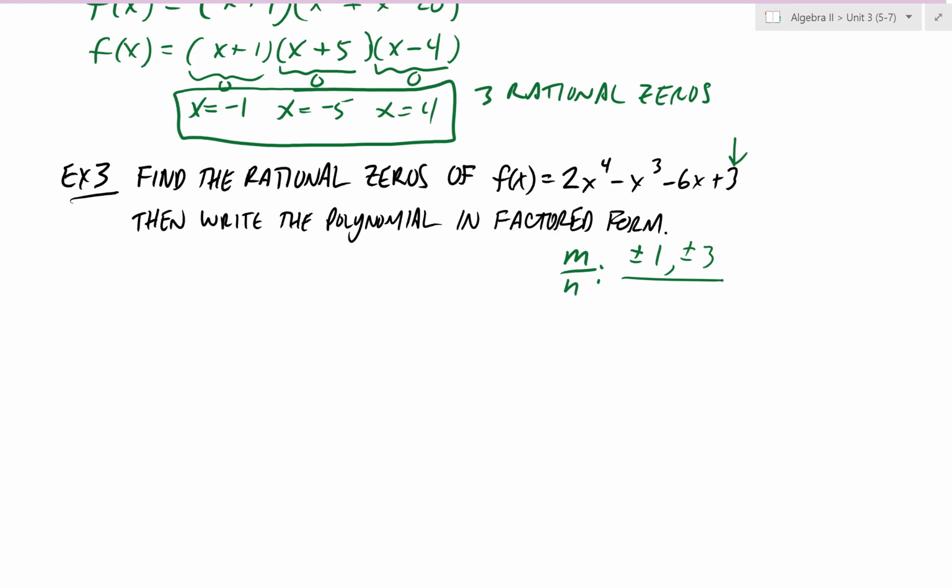And then for the bottom, the factors of 2, plus and minus 1, plus and minus 2. So our list of possible rational zeros is just going to include plus and minus 1, plus and minus 1/2, plus and minus 3, and plus and minus 3/2.